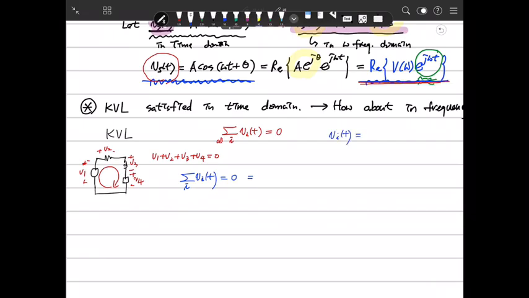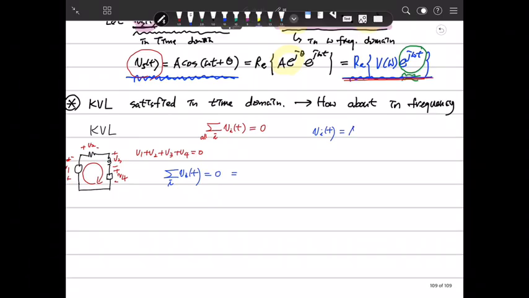If vi(t) is Ai cosine omega t plus theta i, then we can express it in phasor form. Vi is the phasor, and vi(t) is the real part of the phasor Vi times exponential j omega t.